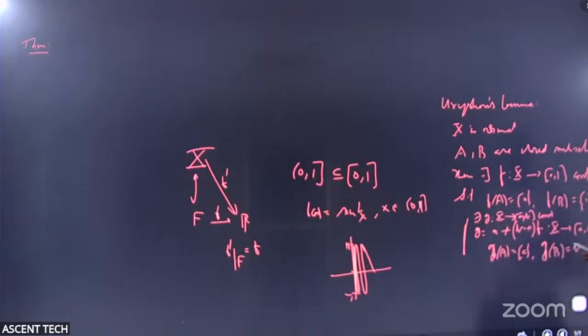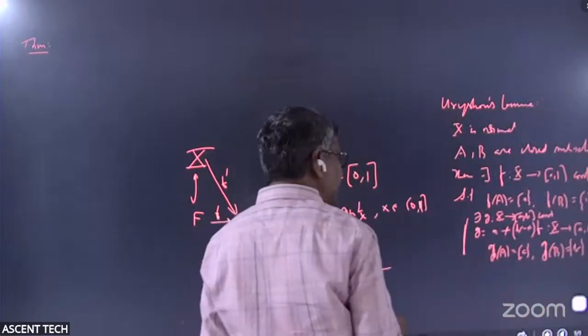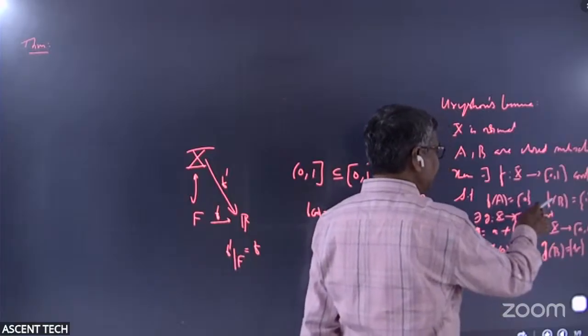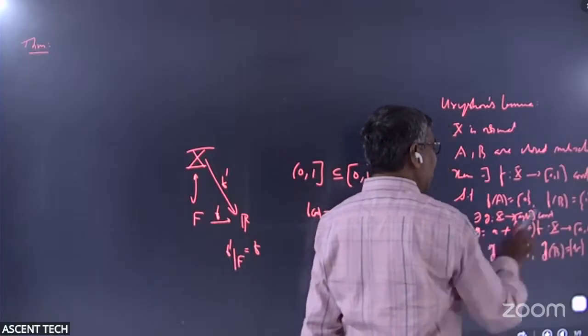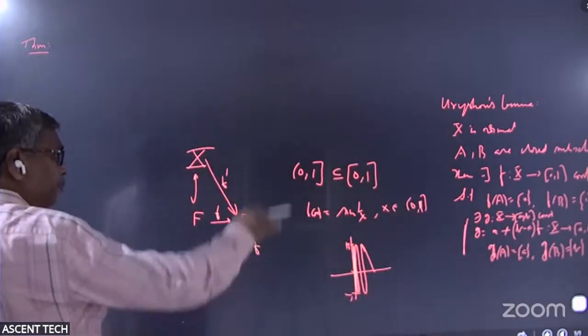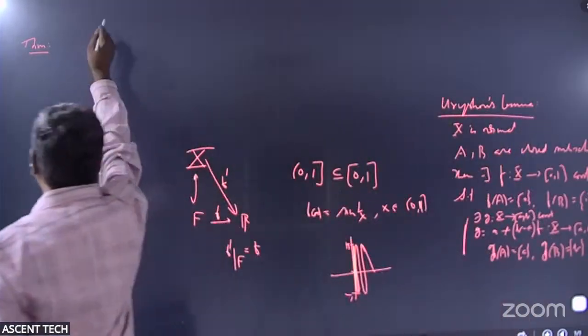So the range doesn't have to be only [0, 1] as proven in the original; the range could go into [a, b] also. The values of the function on A are all a, and the values on B are all b. I can assume that. I have proven this theorem; Urysohn's lemma was proved. Now, Tietze's extension theorem.